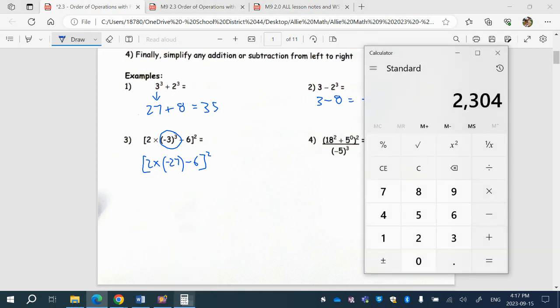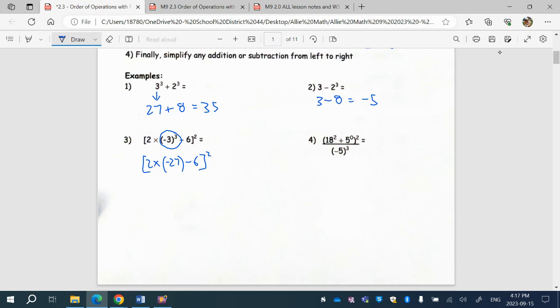So let's do 2 times negative 27. Well, it's 54, but it should be negative 54, because positive times the negative should be a negative. So we're going to have brackets, negative 54, subtract 6, and that's squared.